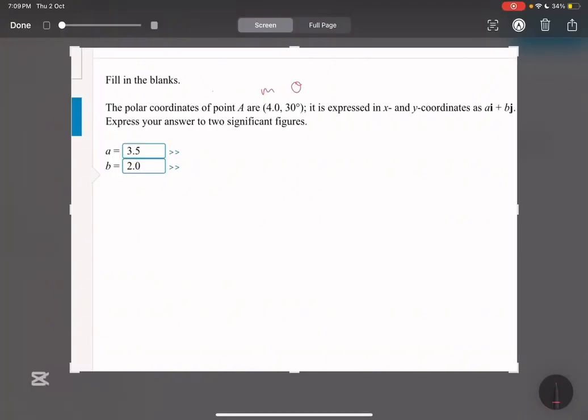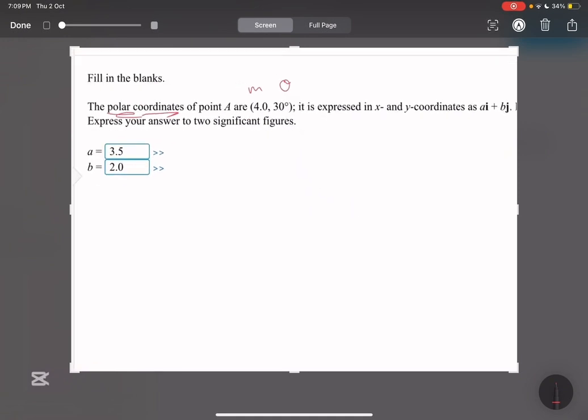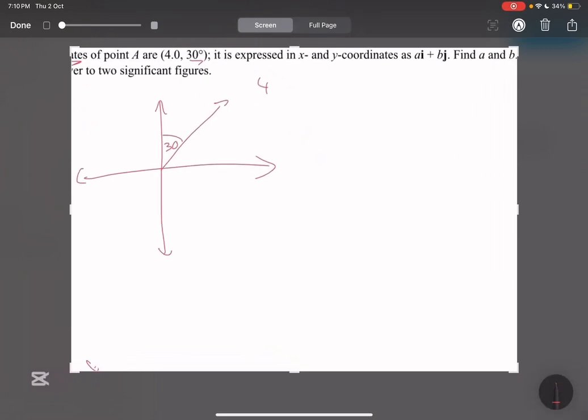Okay, basically in this one they gave us the polar coordinates, which is the magnitude and the angle, and we have to find x and y. Okay, so simply I like to draw it. So they said 30 degrees, so it's going to be 30, and then this is 4. So we have to find the x component and the y component. So x is always going to be the magnitude cosine the angle, and then y is going to be the magnitude sine the angle.